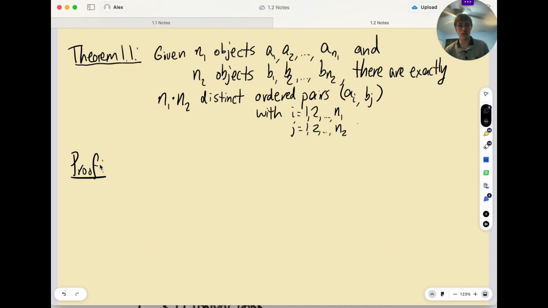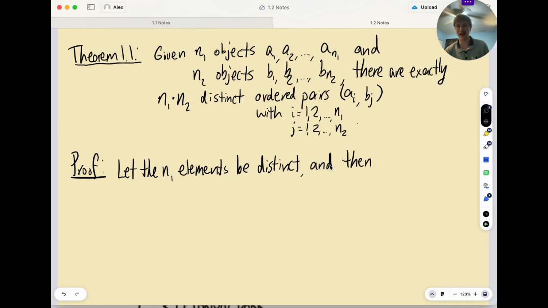Okay, so to prove that, we're going to go ahead and let the n1 objects or elements be distinct. And then we will assign each of the objects a sub i to correspond with the number i.